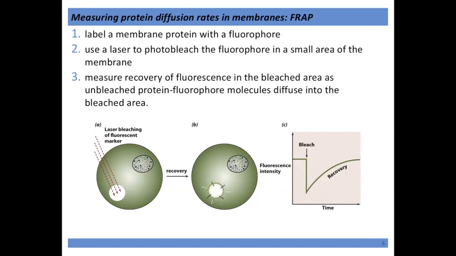And what that means is they just lose their ability to fluoresce. And so you can shine this on a spot, and what you see is here's the fluorescence intensity. You bleach it just by hitting it with a, not necessarily a high-powered laser, but one that will cause the fluorophores to no longer fluoresce. And then you can see that there is a recovery time.